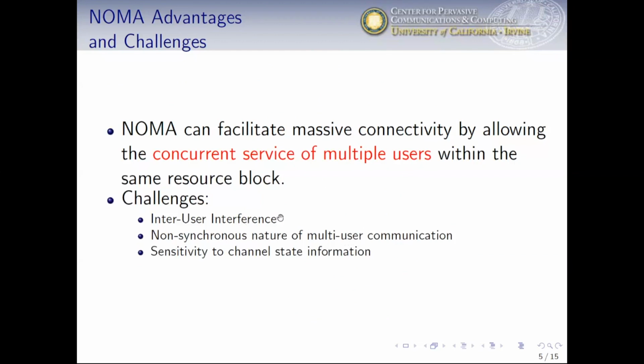However, it has its own challenges. For example, inter-user interference, synchronization challenges, and its sensitivity to channel state information. In this talk, I will discuss the first two challenges and some ideas to address them.